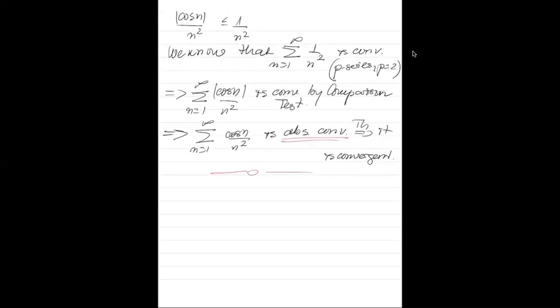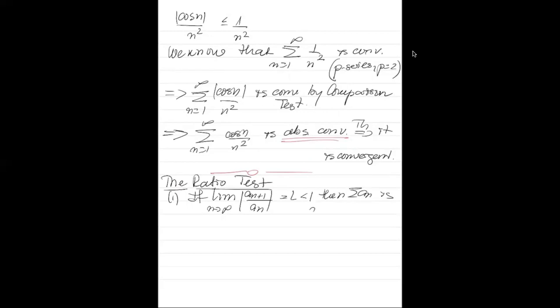First, the ratio test. All right, 3 situations. Number 1, if the limit of the ratio of the n plus 1 term and the nth term, absolute value, as n goes to infinity, is equal to L, and that L is a number less than 1, then our series is absolutely convergent, and therefore convergent by that theorem.